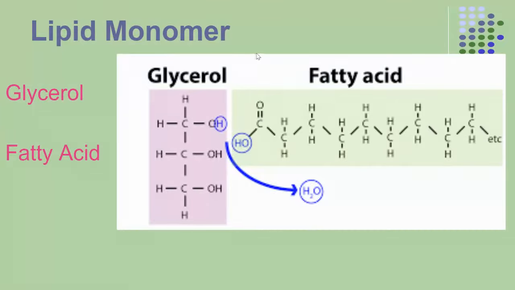Glycerol is a monomer that can be attached to three different fatty acid chains. Where each of these hydroxide or OH groups are, you can attach a fatty acid chain to a glycerol. So it can usually be one glycerol with three fatty acid chains.